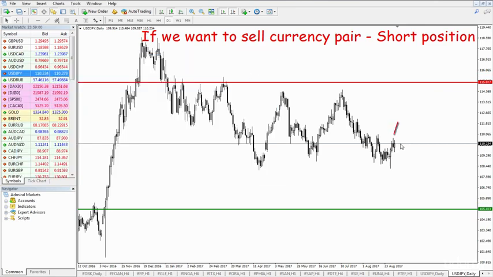Now, if the price rises to 150, we will finish the trade with a loss. But if the price falls to 105, we will achieve a profit.